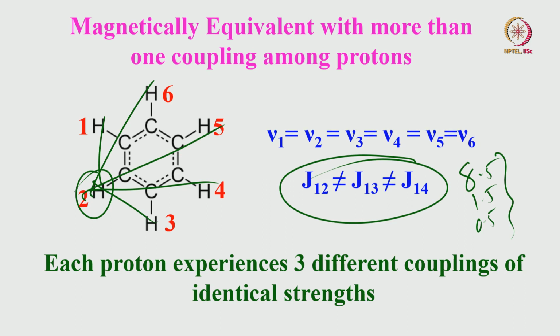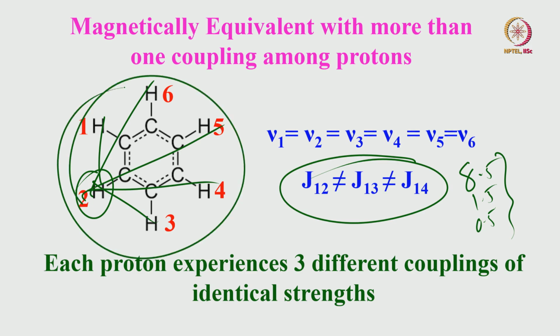Nevertheless, it gives a single peak in the NMR. That means all protons are chemically equivalent. At the same time, in spite of the multiple couplings present, all protons experience the same type of couplings. So it is magnetically equivalent spin with multiple couplings.